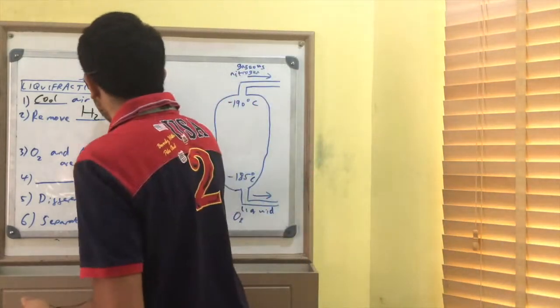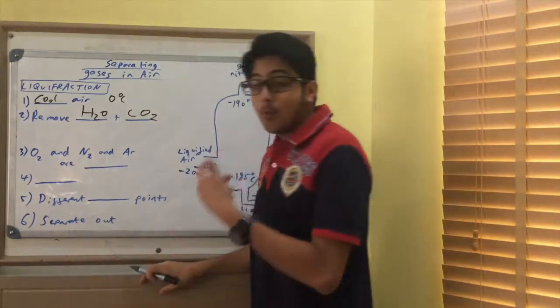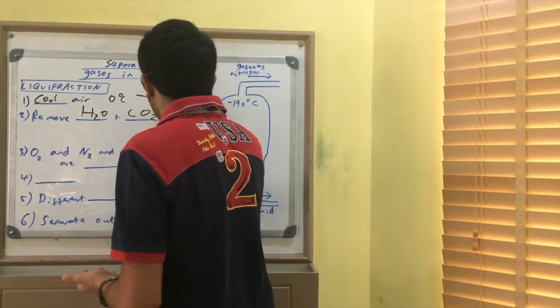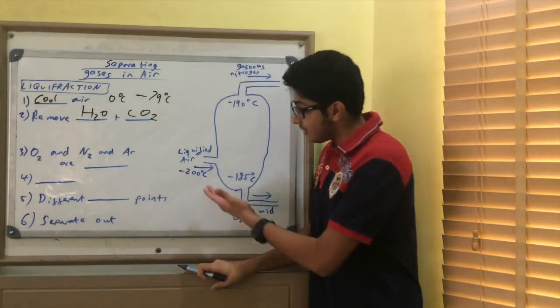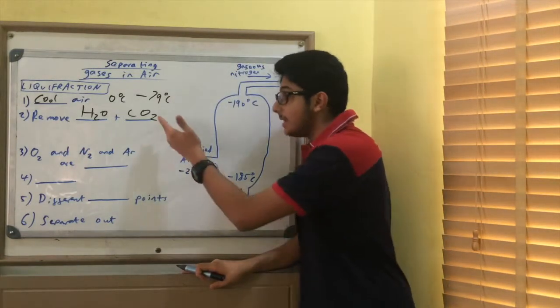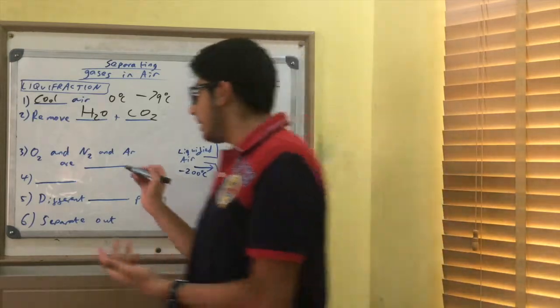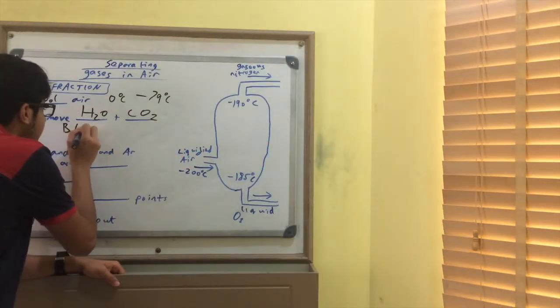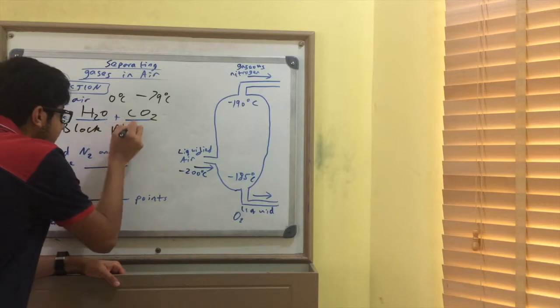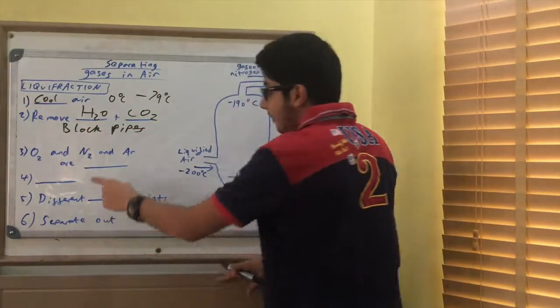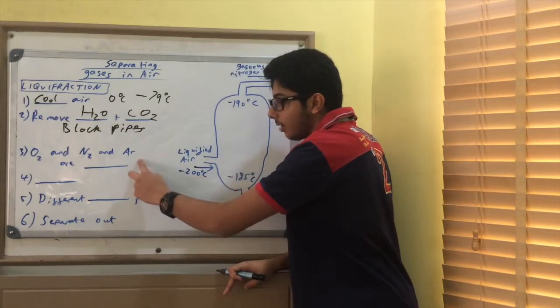Water freezes at 0 degrees Celsius, whereas carbon dioxide freezes at minus 79 degrees Celsius. So if the temperature is minus 200 degrees Celsius, they will be solid, they'll be frozen, and we have to remove them. Why? Because then they can block pipes. And that will be a problem, won't it? And then we have oxygen, nitrogen, and argon.